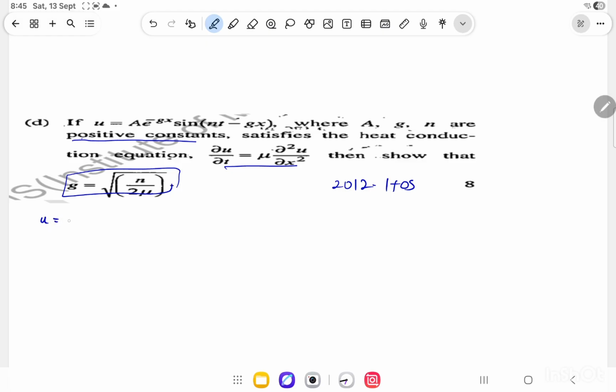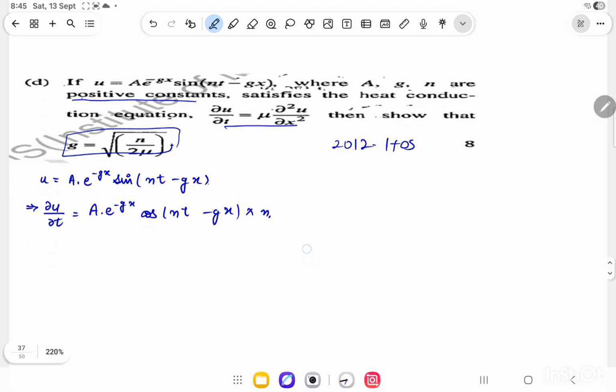So u is basically given to us as a into e raised to minus gx into sine of nt minus gx. So from here del u by del t will be equal to a into e raised to minus gx into cos of nt minus gx into n.